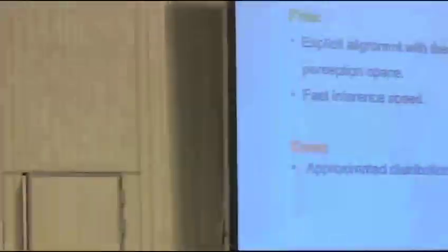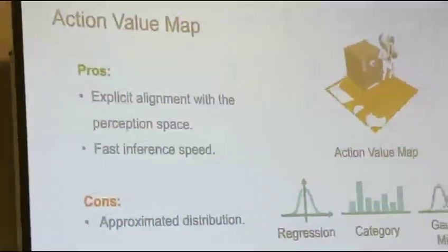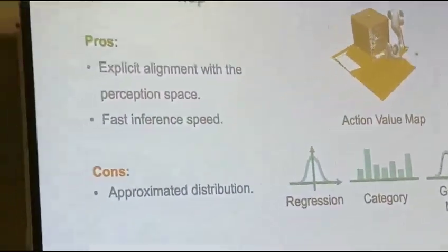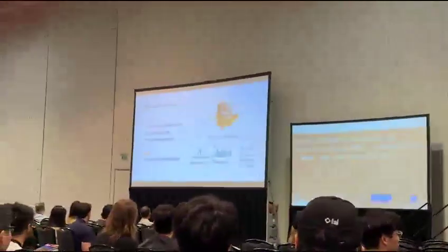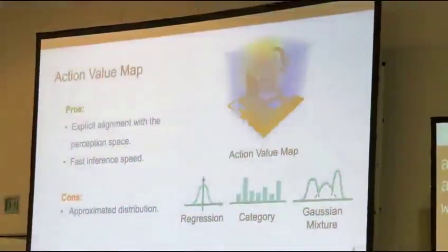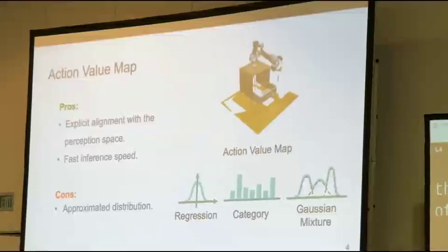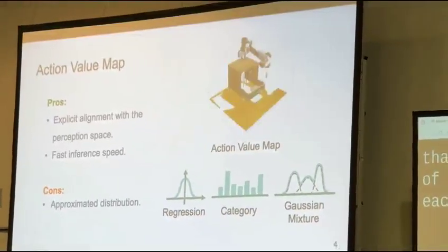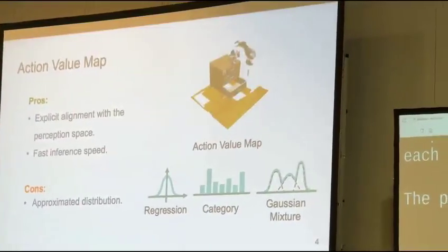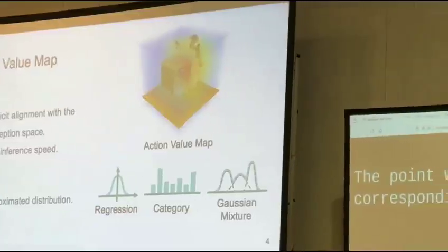Okay, so in keyframe-based policy learning, there are two common practices. The first is the action value map. The agent learns to predict an action value map, essentially a heat map over the 3D workspace that indicates the probability of placing the end effector at each location. The point with the highest value corresponds to the most promising next pose for execution.